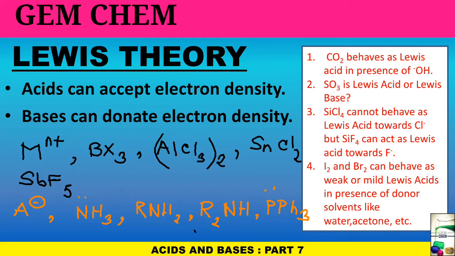Next question is why SiCl4 cannot behave as a Lewis acid towards Cl minus, but SiF4 can act as a Lewis acid towards F minus. Similarly, the last question is why iodine and bromine can behave as weak or mild Lewis acids in presence of donor solvents like water, acetone, etc. Now these questions will be answered.